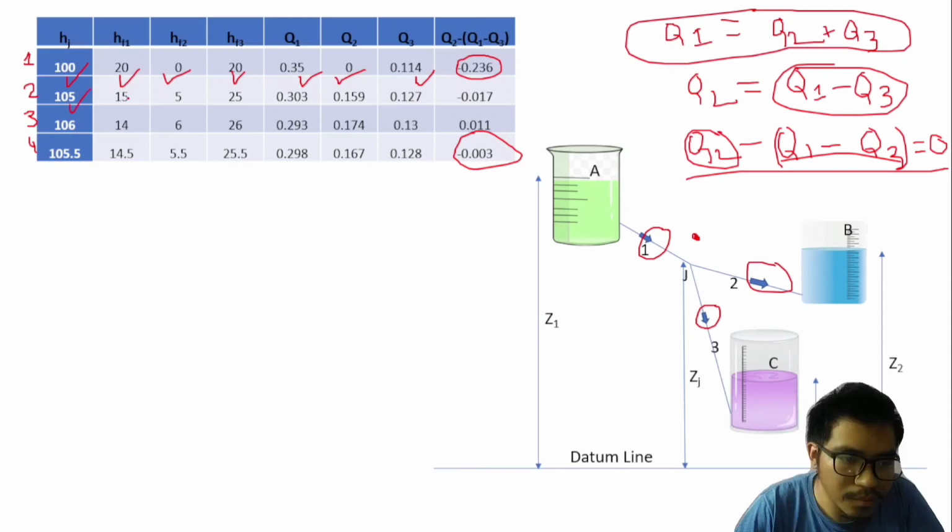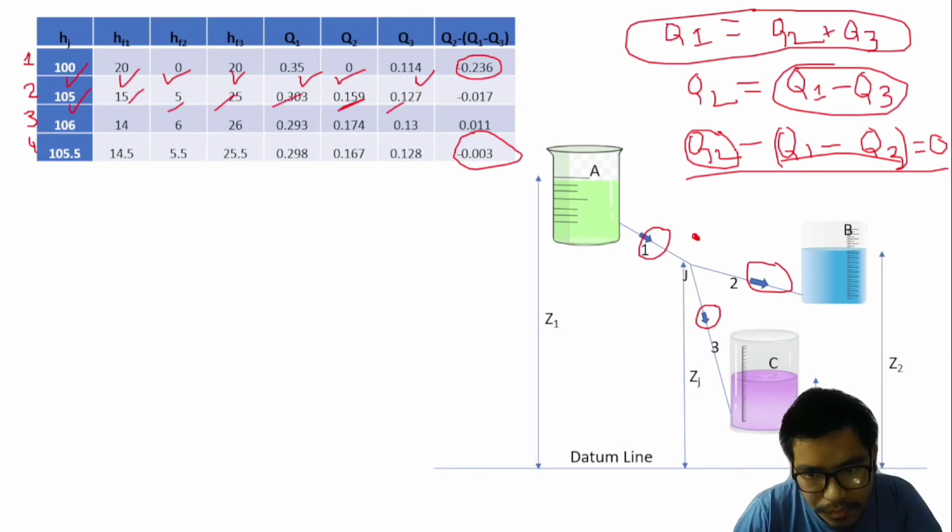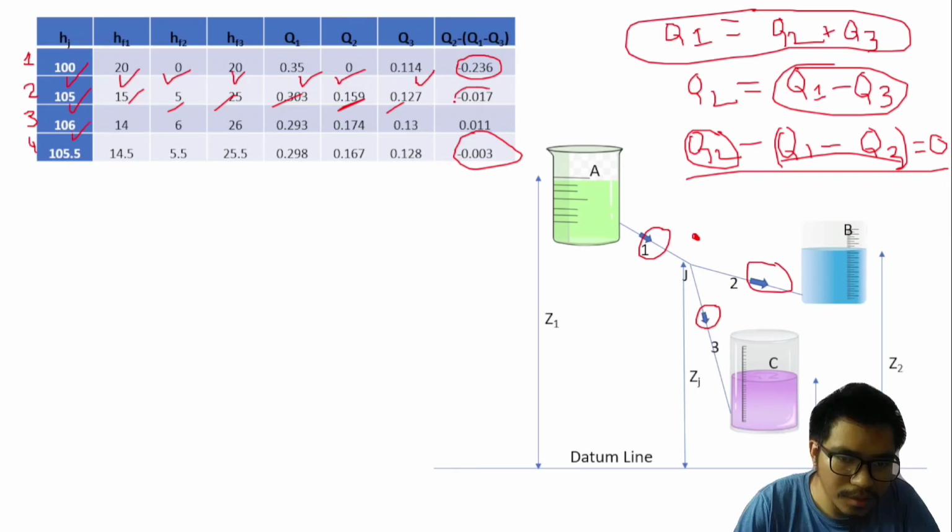We calculate this and it comes to be minus 0.070, and again Q2 is less than Q1 minus Q3. So we slightly increase the head at J because it's nearly equal to 0. We slightly increase it by 1 meter.